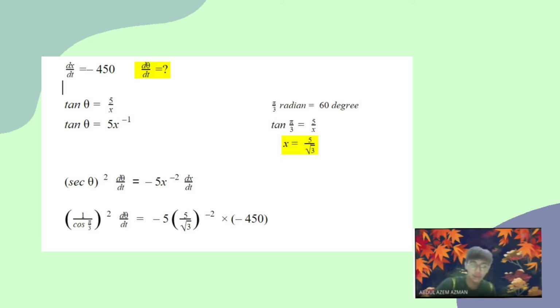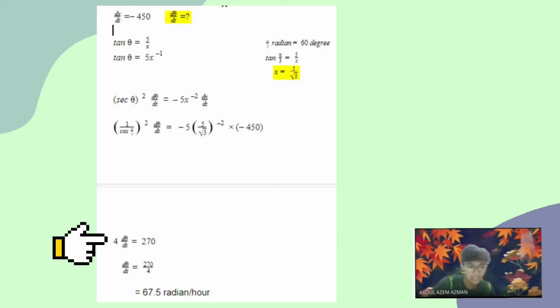Put the values into the equation, which is 1 over cos squared of pi over 3 times d theta over dt equals negative 5 times (5 over square root 3) to the power of negative 2 times negative 450. We will get 4 d theta over dt equals 270.